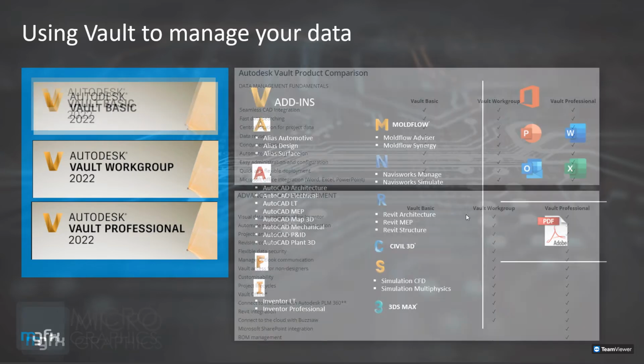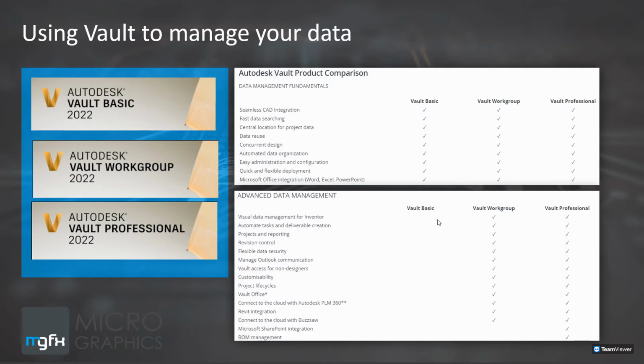So let's do a quick comparison between all three of these products. If you see the two tables on the right, you will find that you have data management fundamentals. This is supported by all three of the products regardless. That's the basic functionality of these three, which means Vault Basic, Vault Workgroup, and Vault Professional, all of them have access to at least these features.